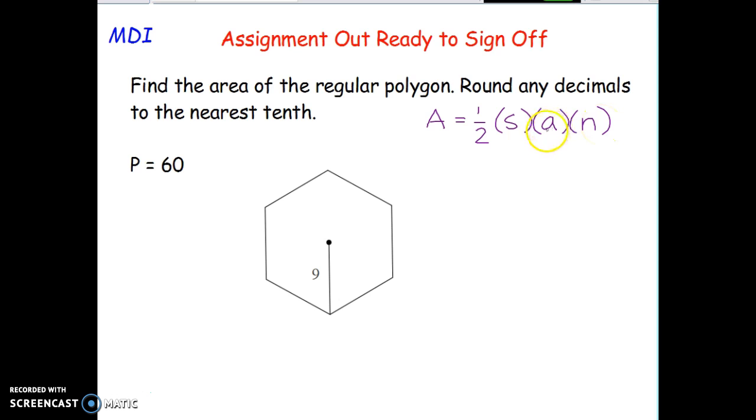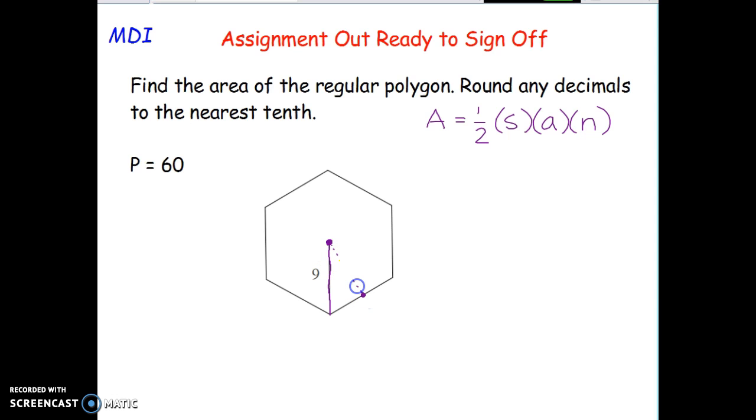Remember that the apothem has to be perpendicular to a side. It cannot go to a corner of the polygon. So if we look at the segment that is drawn in this polygon, the segment goes to a corner. So we know that that is not the apothem, which means that we are going to have to find the apothem to calculate the area.